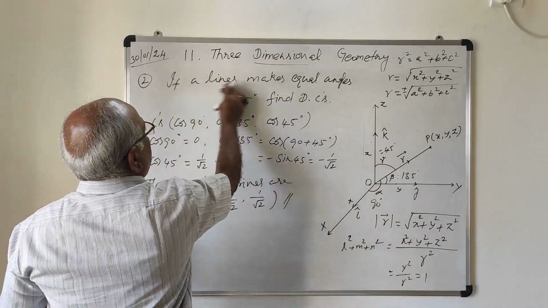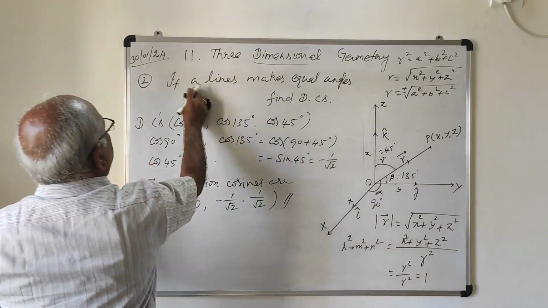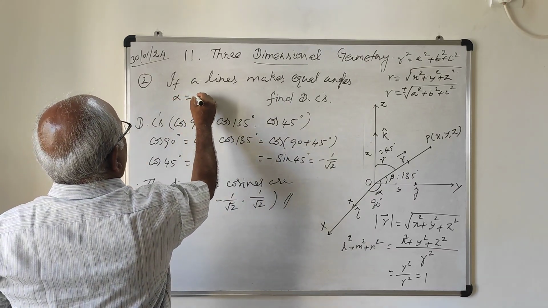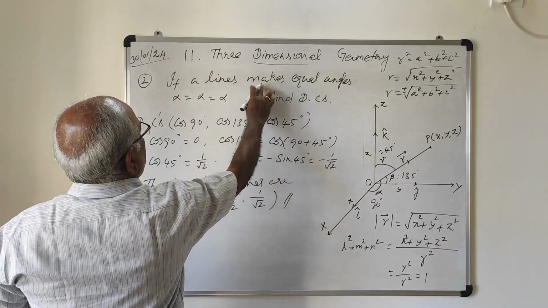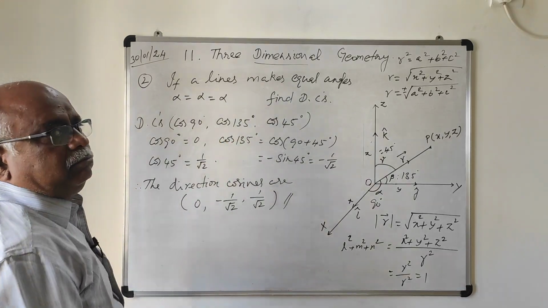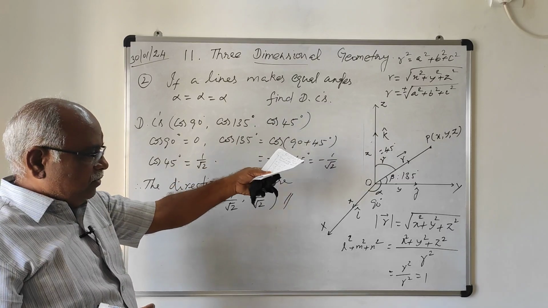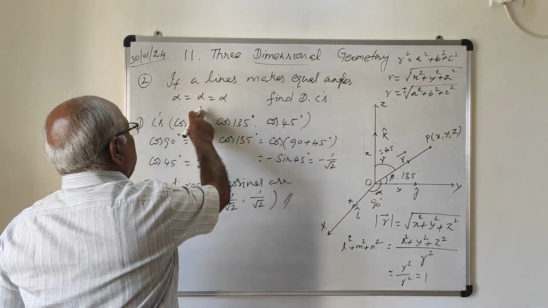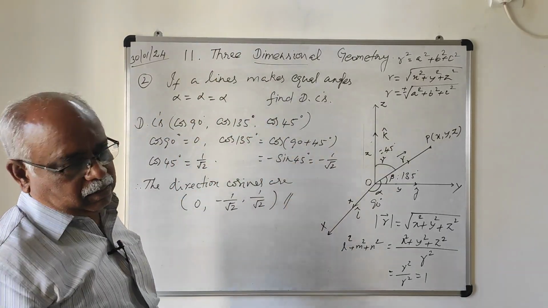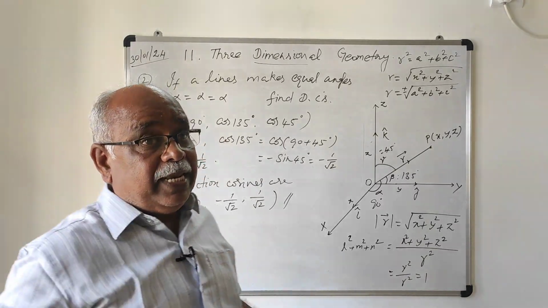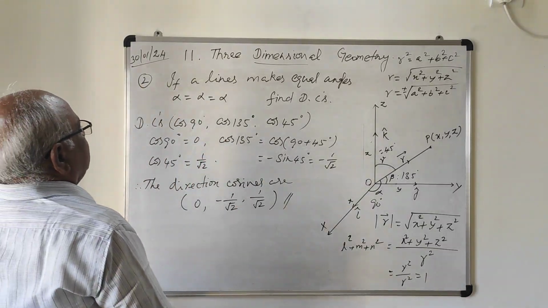Equal angles means all angles are equal, that is alpha equal to beta equal to gamma. All the three angles are equal because the angle made by the line with the x-axis is alpha, with the y-axis is also alpha and with the z-axis is alpha.